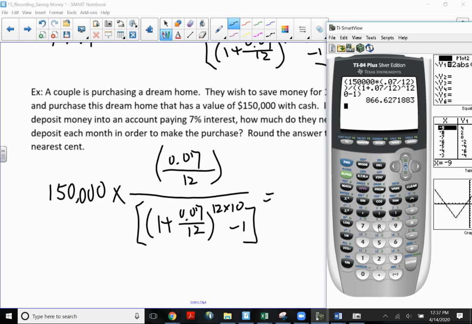All right, let's try it this way. If a mortgage is 30 years, let's just say our mortgage ended up to be $866, or excuse me, 63 cents. So times 12 months a year times 10 years. That means we have paying.